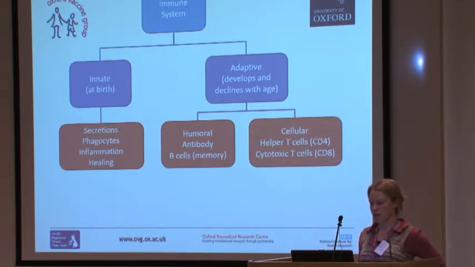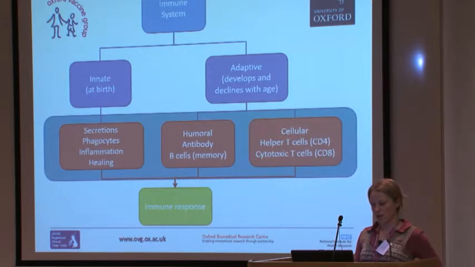And then you have a cellular side, which is more mediated by T cells, and these can be either helper T cells, which provide help to other aspects of immunity, or cytotoxic cells, which are able to lyse infected human cells, so hopefully limit viral infections. Together, all of these help you make an effective immune response to a pathogen. But if any one of those components is missing, then that's when you get into trouble, really.